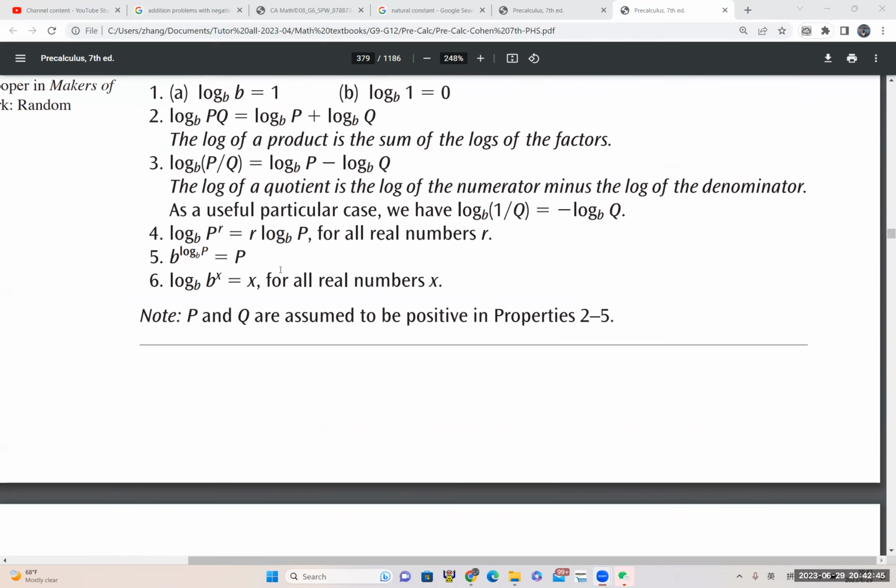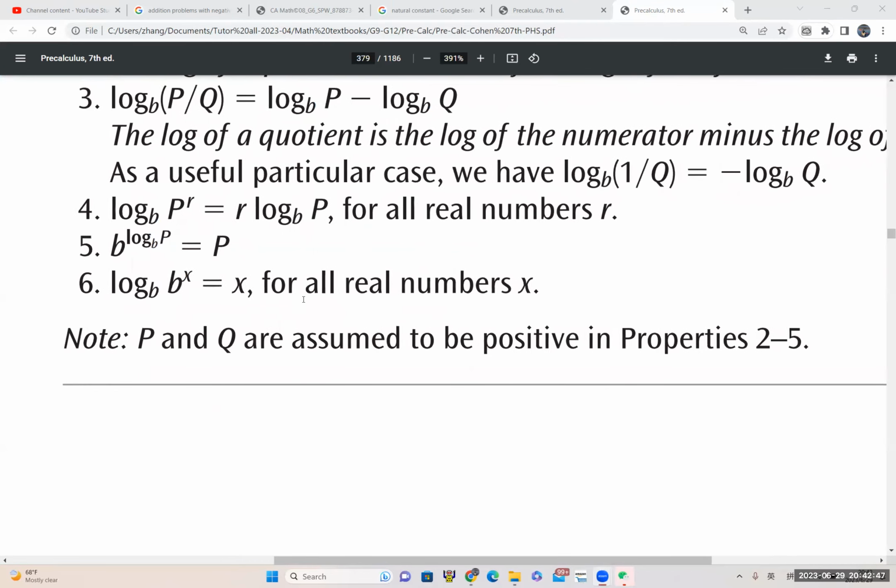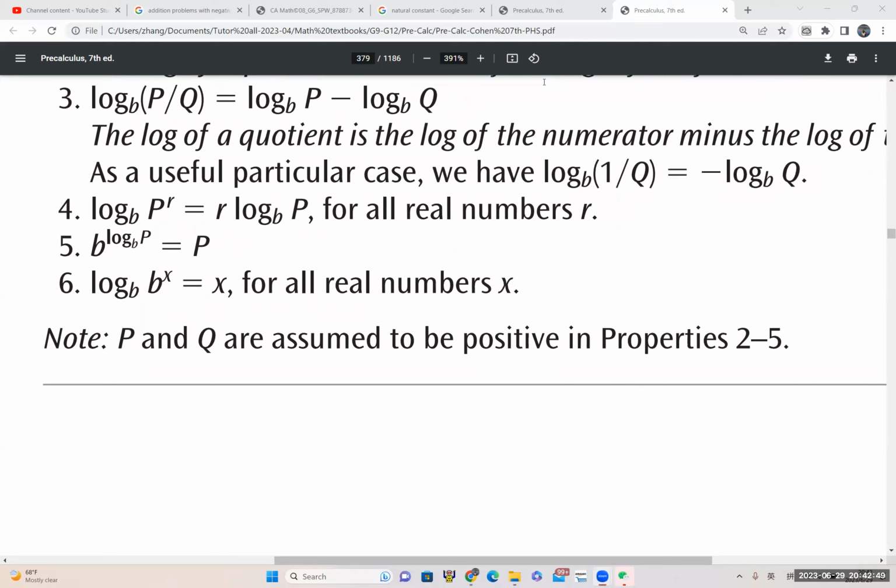Let's go back here. For example, if we have y equal to log b p, then per the definition we have p equal to b^y, right?